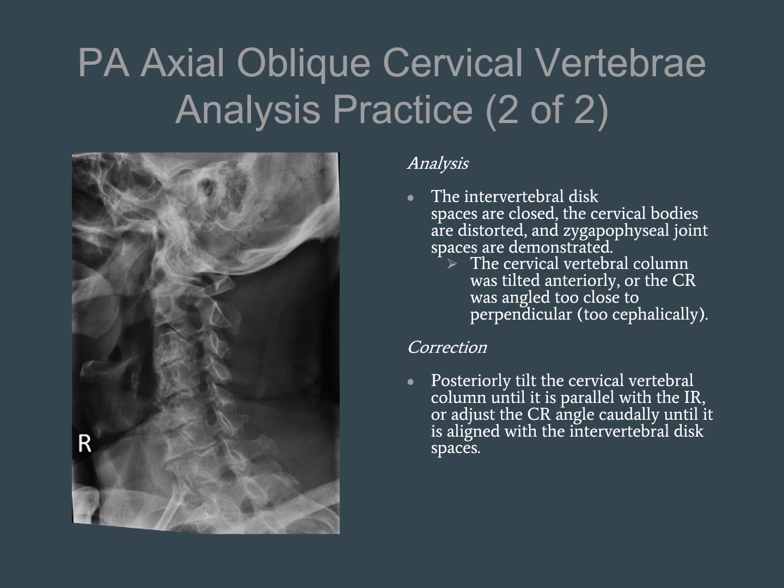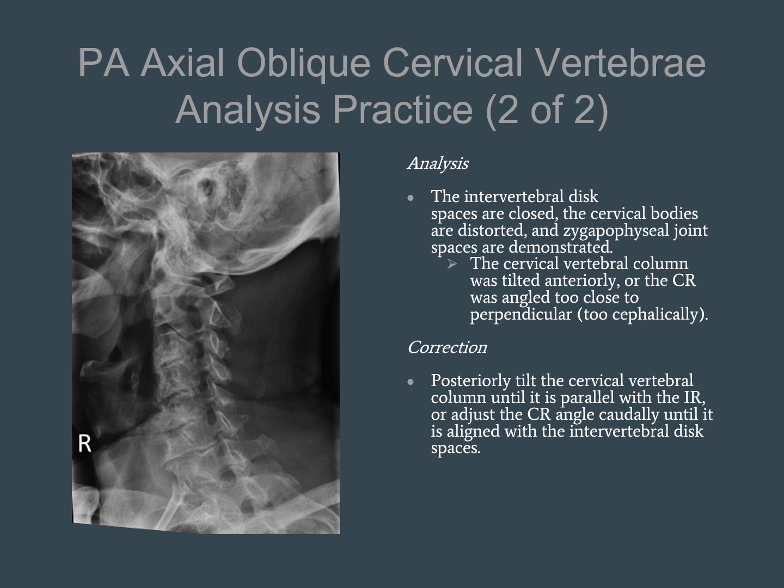In this last practice analysis of the PA axial oblique cervical vertebral projection, we can see that our intervertebral disc spaces are closed. Your cervical bodies are distorted. The zygapophyseal joint spaces are demonstrated, and this should indicate to you that either the patient's vertebral column is not aligned parallel with the IR, or we have some misangulation of the central ray.